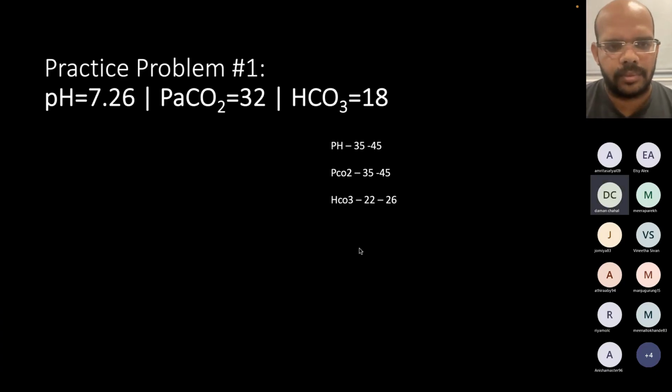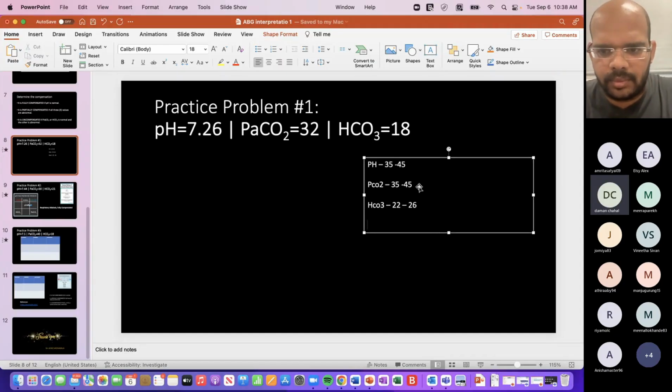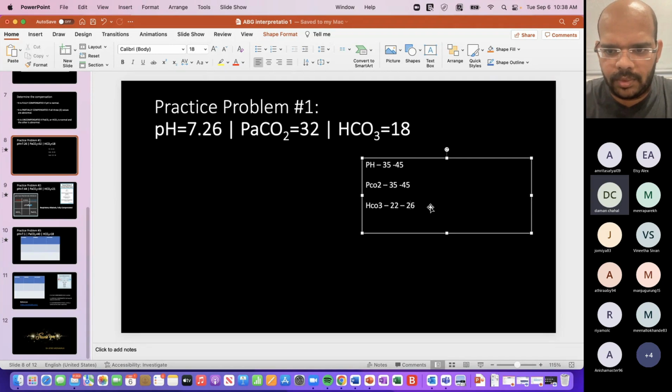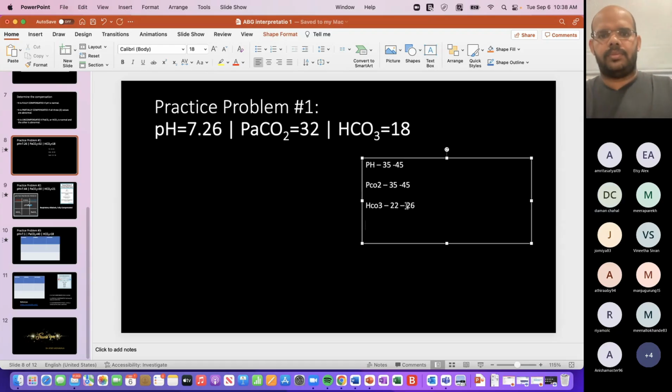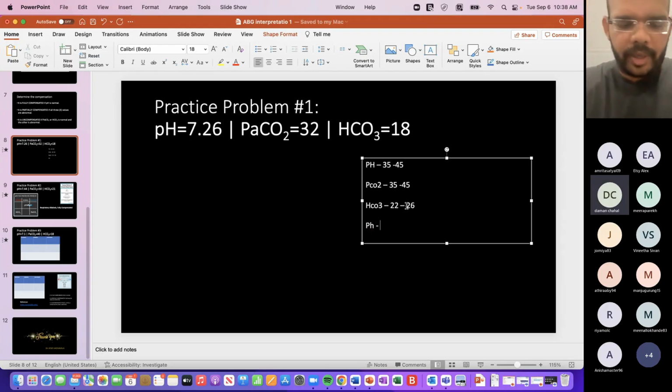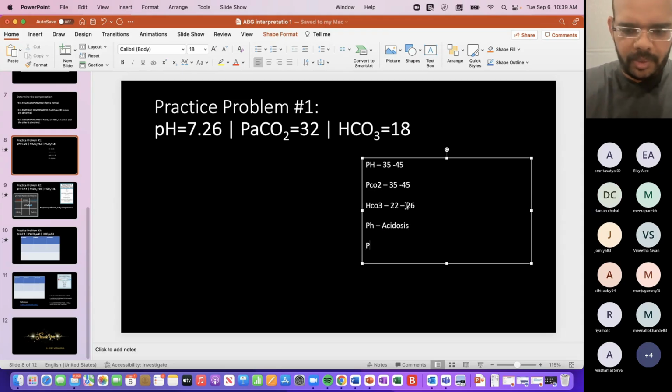Here in this case, pH is less than 7.35, so it's acidosis. PCO2 is 32, so it's alkalosis, because PCO2 is less than 35.